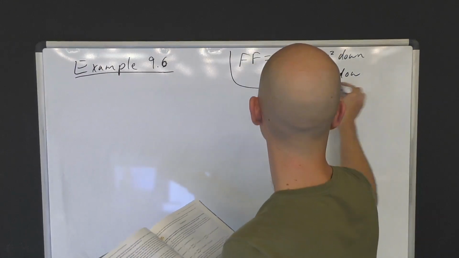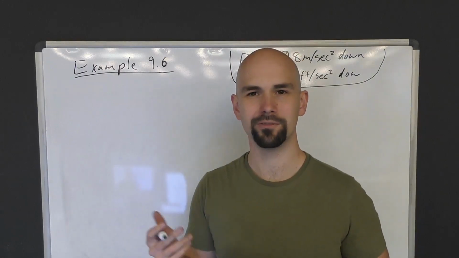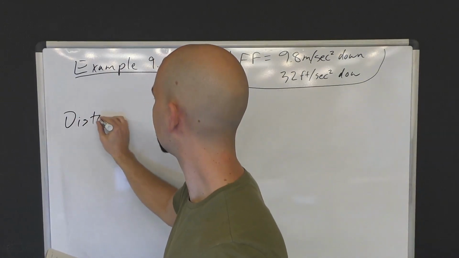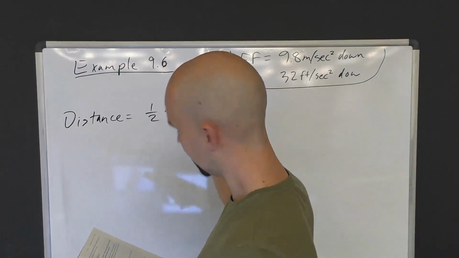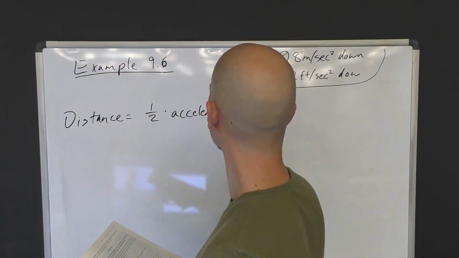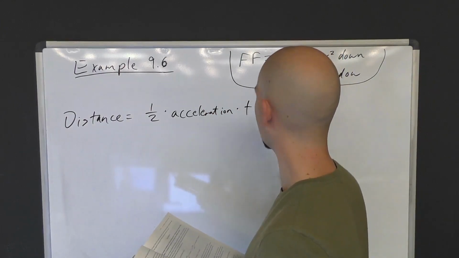So that's the acceleration due to free fall. And to calculate the distance that something falls in free fall, we use this formula. Distance equals 1/2 times acceleration, which is our free fall acceleration, times time squared.